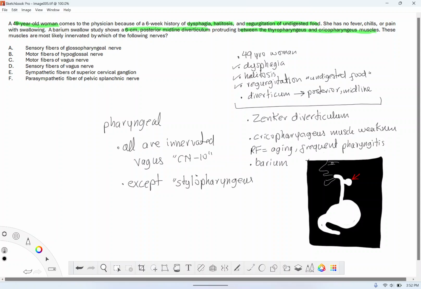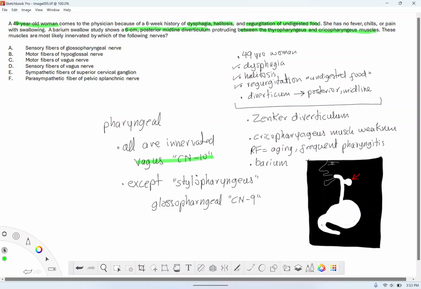Stylopharyngeus muscle is innervated by the glossopharyngeal nerve, which in this case is cranial nerve number 9. So the two muscles we're talking about are cricopharyngeus and thyropharyngeus. Those are both by the vagus nerve. So we're going to look for the vagus nerve.